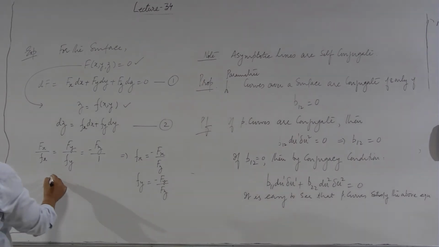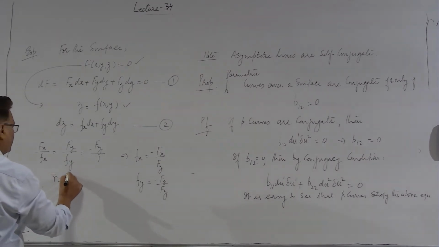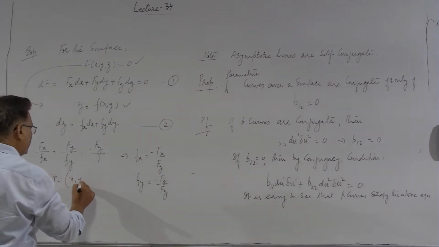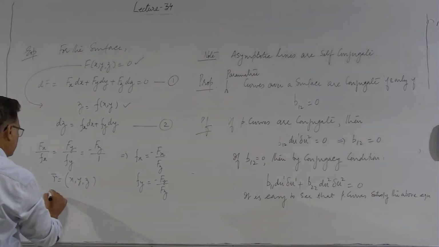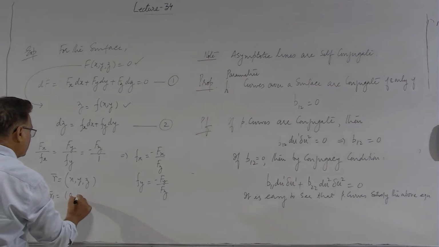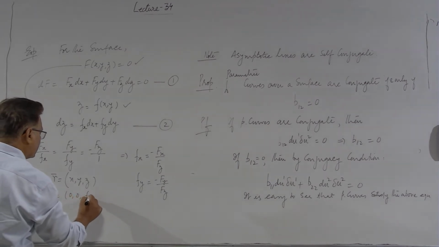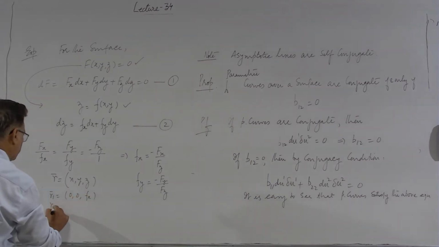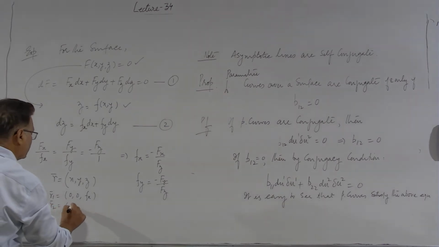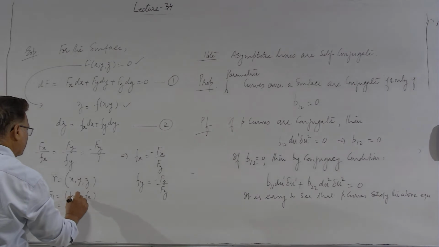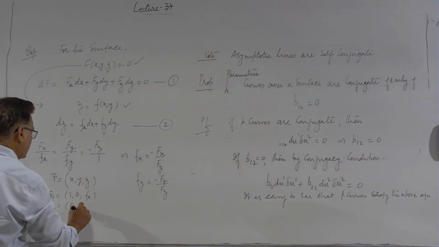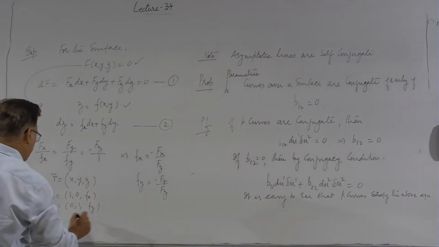If I write down the position vector as (x, y, z), then r1 you can see is (1, 0, f_x), and r2 is (0, 1, f_y).